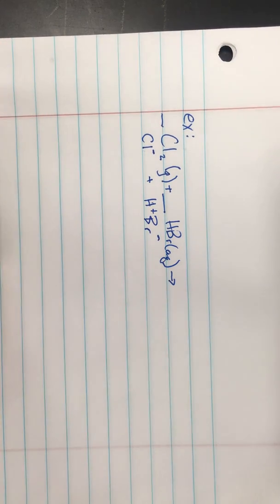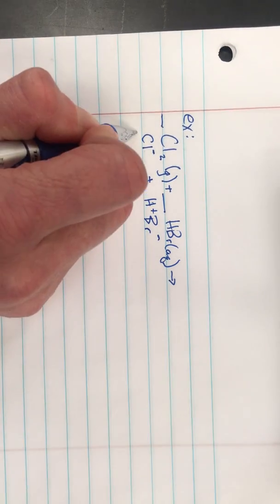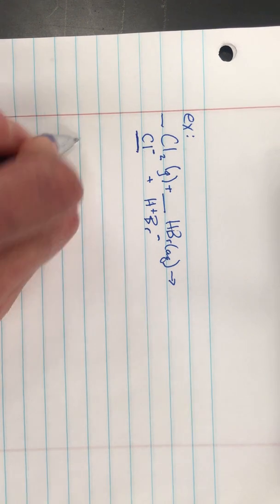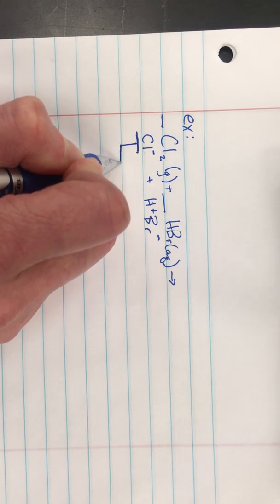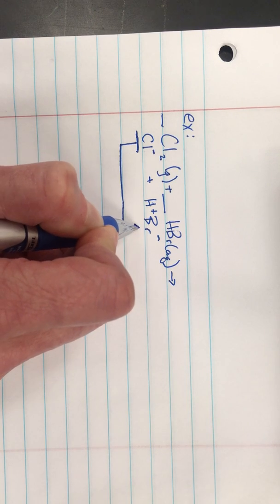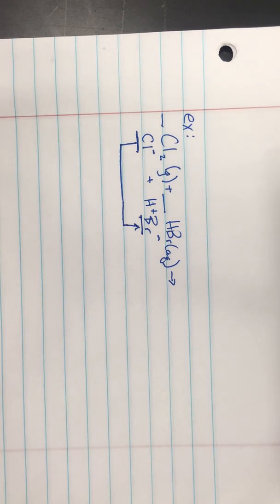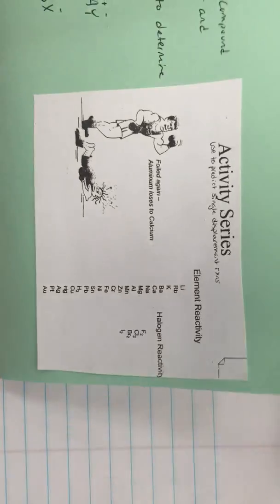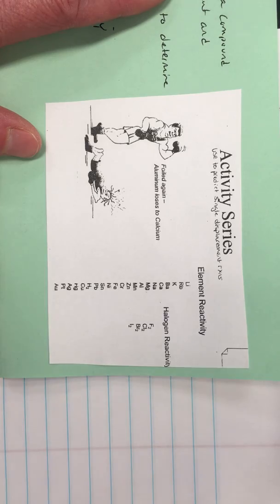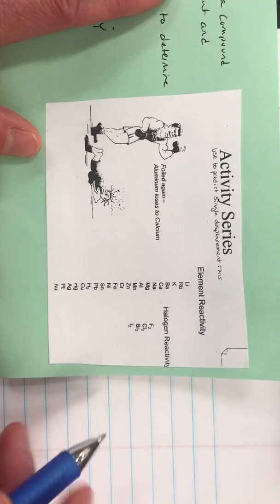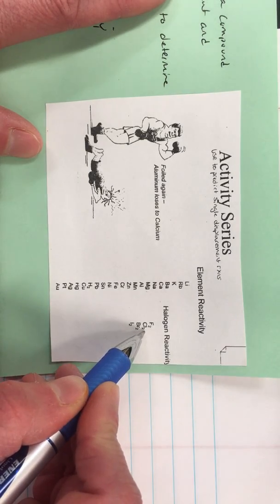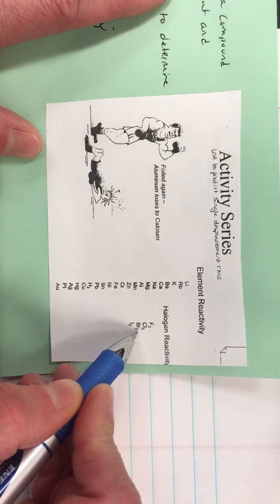the hydrobromic acid. And now you can see that the free element is an anion, so we need to check that with the other anion, okay? So like charges can possibly switch. So what you do is you go over to your activity series, and this time what we're looking at is the chlorine is right here, right above the bromine.